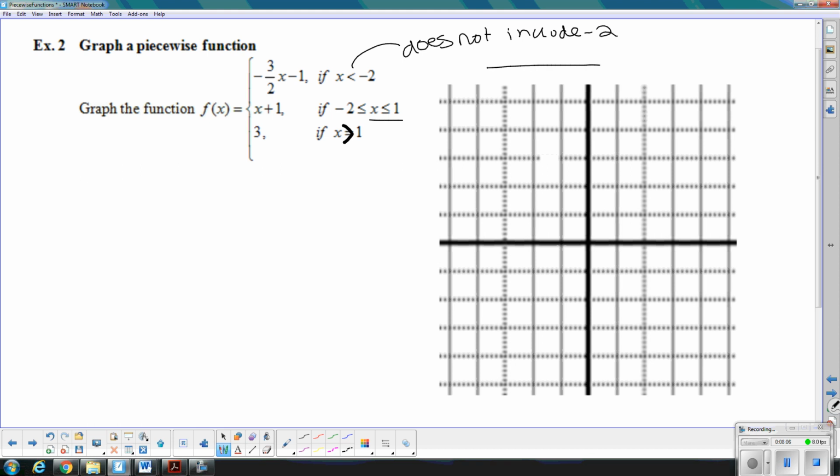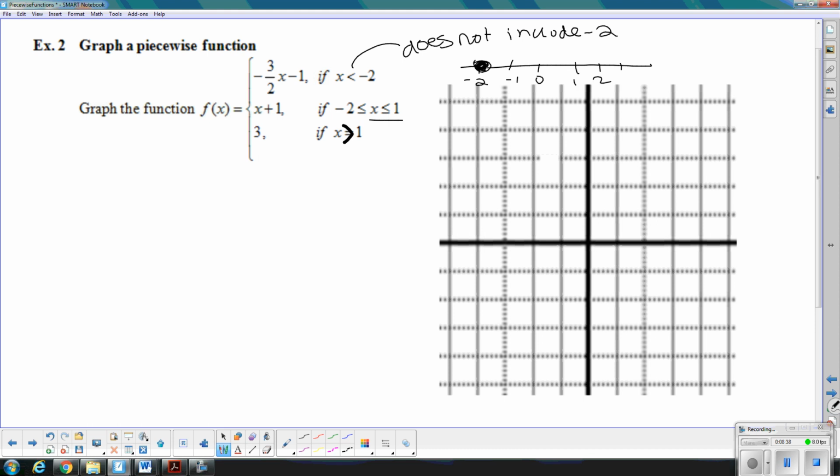So if you think of your number line, if you're graphing something on a number line, and you wanted to say something but not including -2, you use a circle. Same thing with piecewise functions. We're going to use a circle for strictly less than or strictly greater than. And then if you were to include -2, you would use a dot.